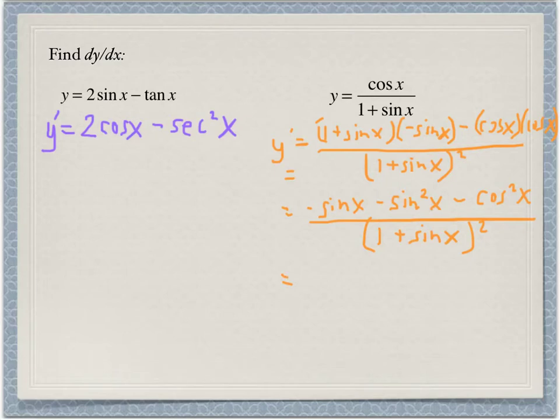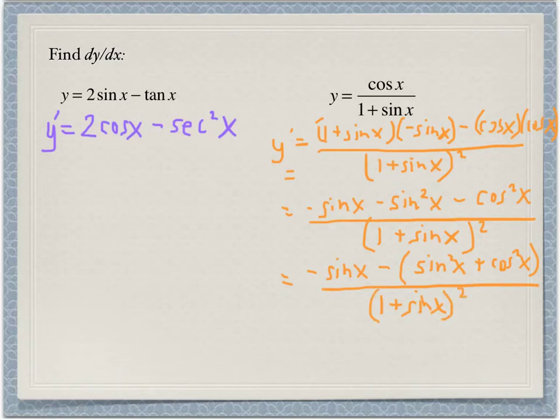Now look at what happens on top. And here's where, again, you have to bring your little trigonometric knowledge into play here. Would you agree that I can write it like this? I'm not going to change my first expression at all. But if I put a minus sign and then I put parentheses next, notice I'm going to have sine squared plus cosine squared, like that. Again, all over that same denominator, 1 plus sine x squared.